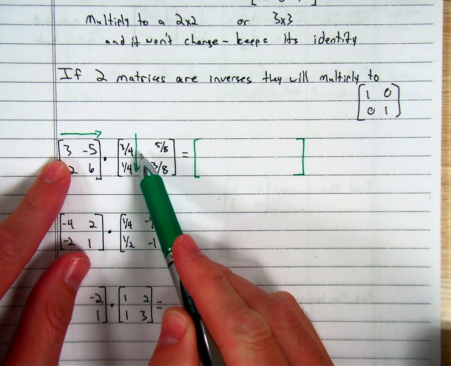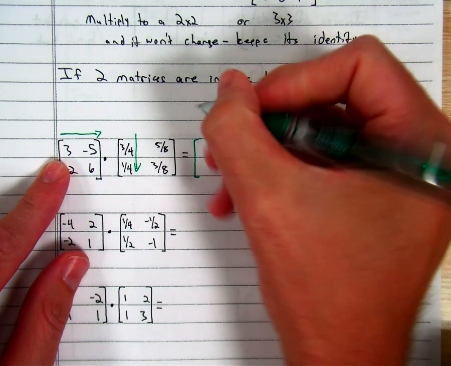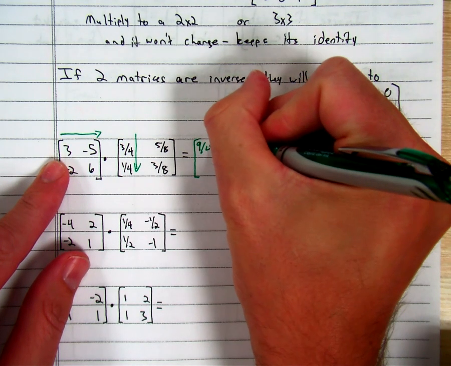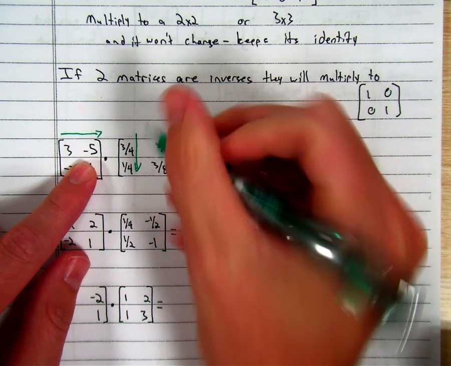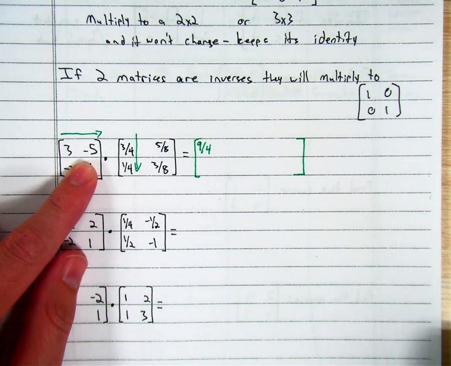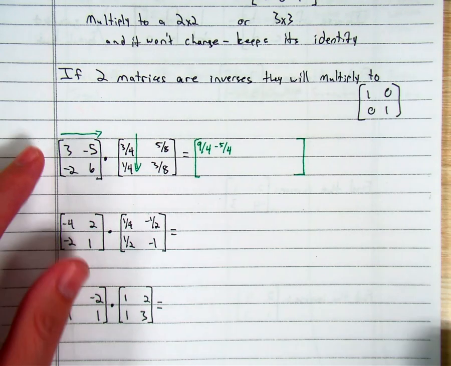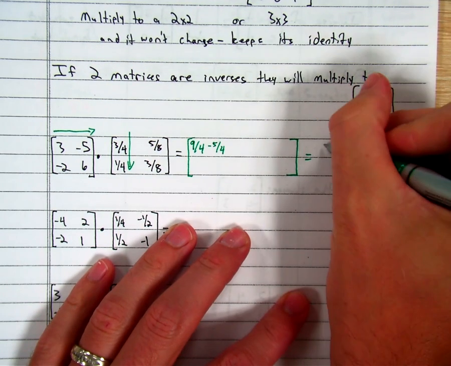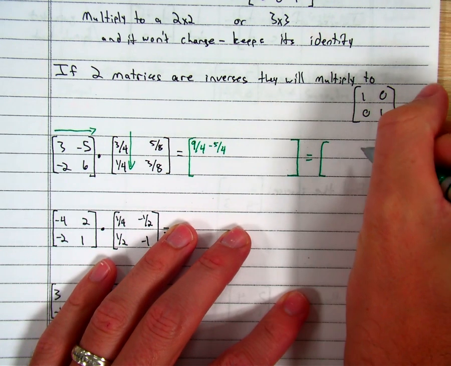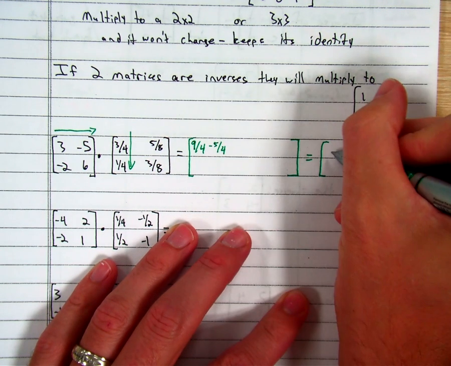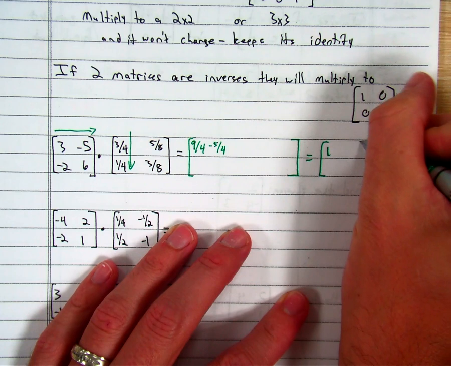So we got 3 times 3/4 for 9/4, and negative 5 times 1/4 for a negative 5/4 in that top left corner. And those add together or combine together to be 4/4, which is 1.